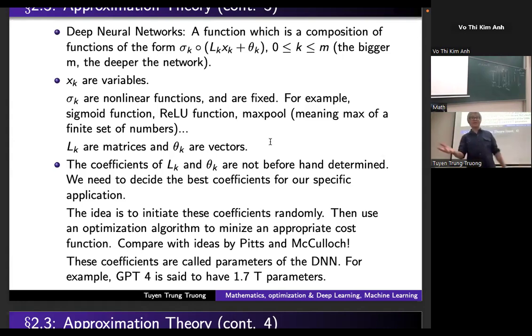That's how you get X1. Then from X1 you go to X2, the same thing: you apply another linear map to X1, add theta 1, and apply sigma 1, and so on. Each of these is really simple, but if you apply them many times, you get a very complicated function.